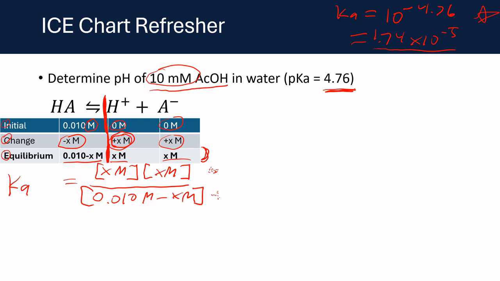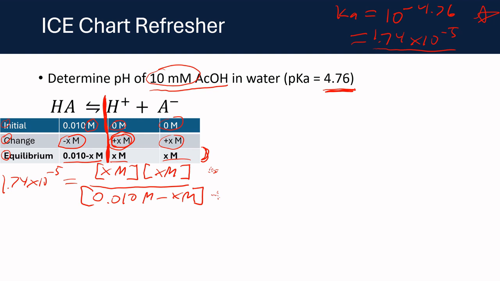So let's go on ahead and substitute in our Ka that we just computed. 1.74 times 10 to the negative 5 equals yada, yada, yada. We're going to make another alteration here that's really more of a quality of life adjustment. It's technically not necessary, but I recommend you do it. We're going to, again, think about how what we're dealing with is a weak acid.